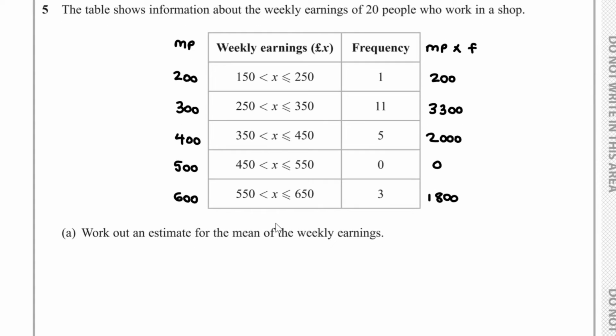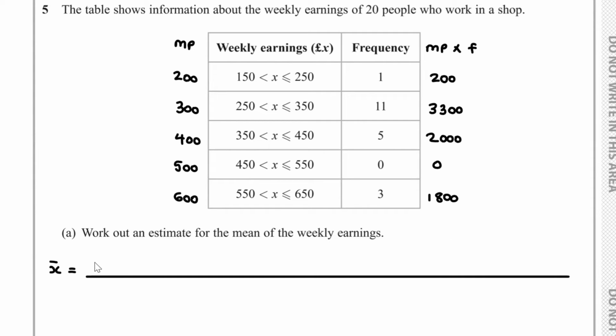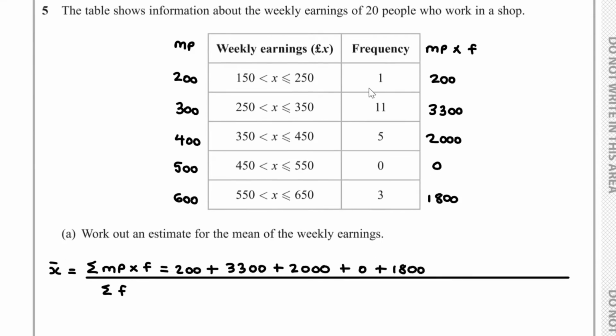Now, to work out the mean, x bar, this is equal to the sum of the midpoints times the frequencies over the sum of the frequencies. So we've got 200 plus 3300 plus 2000 plus 0 plus 1800 divided by 20, because we've got 20 people in total.